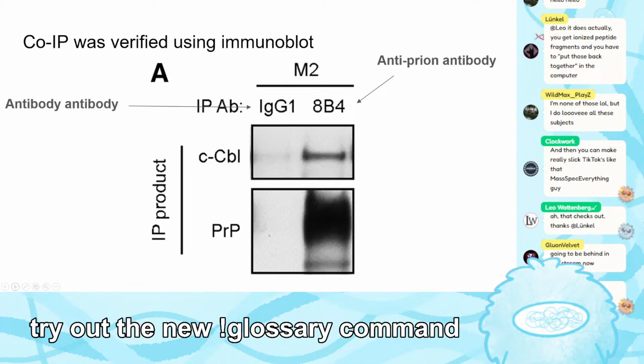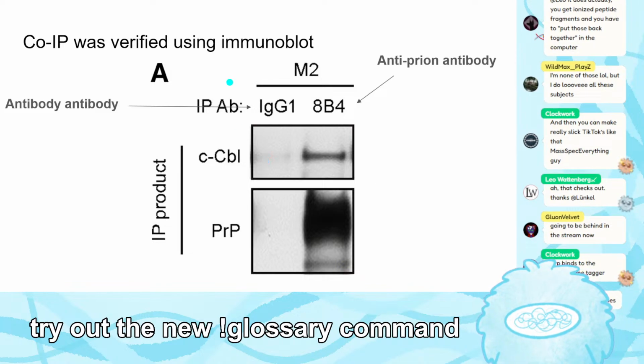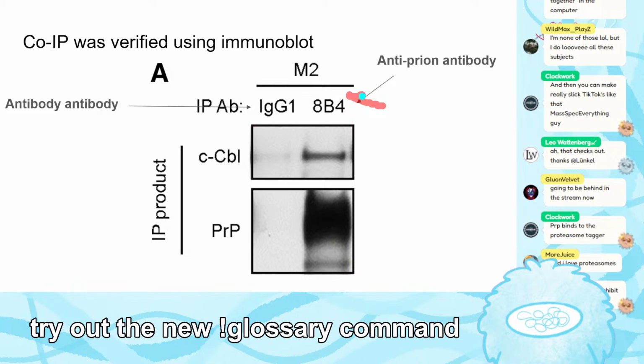And so how was this confirmed? That was by mass spec, right? That's fancy computer technology, a fancy billion dollar machine, but you still got to confirm it with a Western blot. So co-IP was performed. Up here you have the anti-prion antibody.